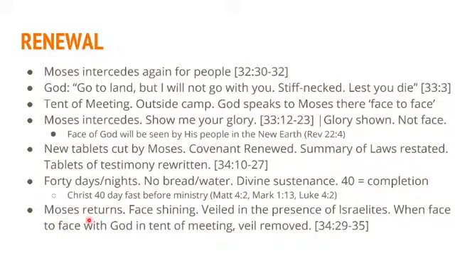So Moses returns, and this is now something very important for us to learn here. When Moses returns from the mountain, his face is actually shining, and that is quite literally taking place. His face was literally glowing because he had spent that amount of time in God's presence.